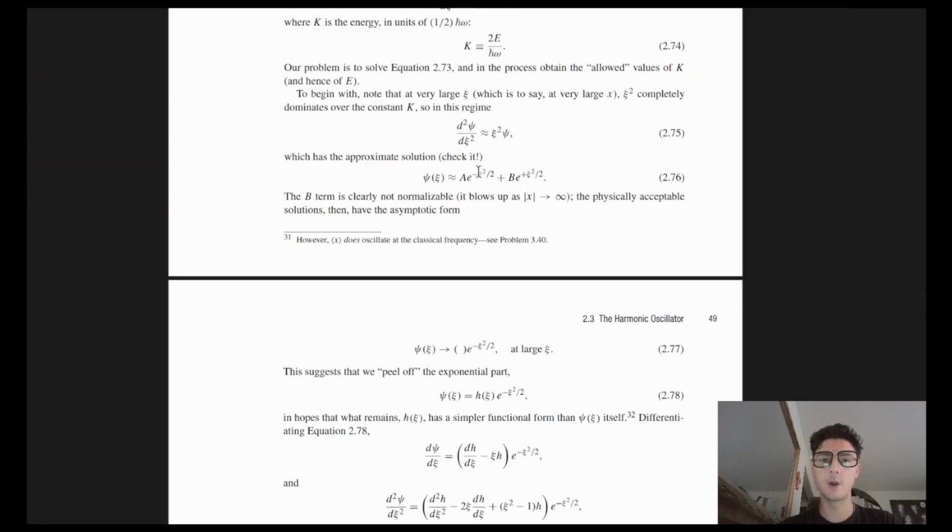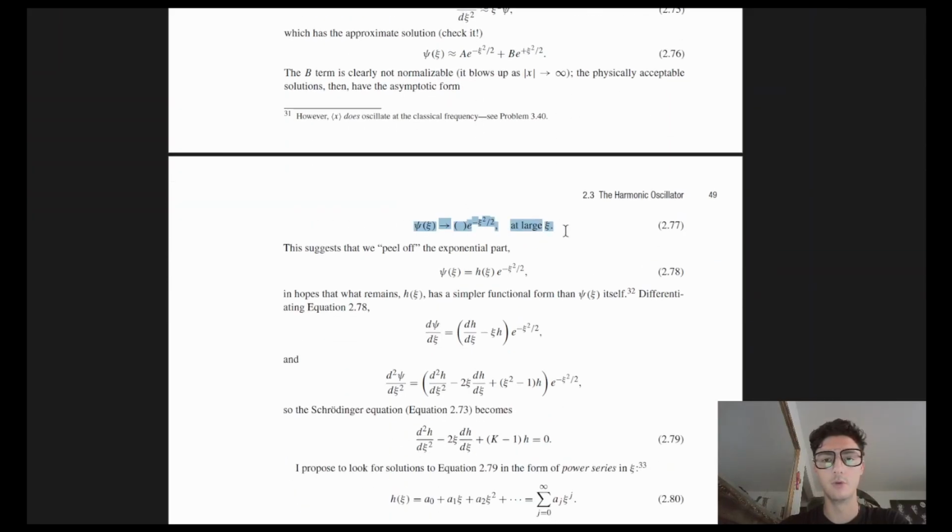But this one, e to the power of negative xi squared over 2, goes to 0, because if you plug infinity in, it's a decaying function. But this one blows up, so we don't like it. The physically acceptable solutions then have the asymptotic form, boom.